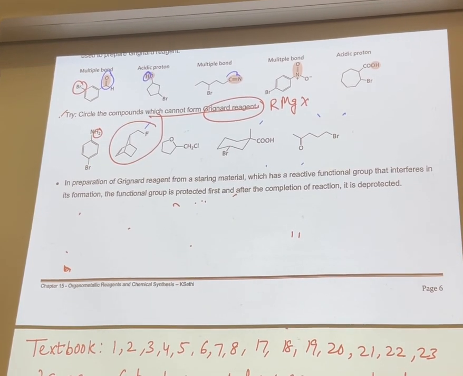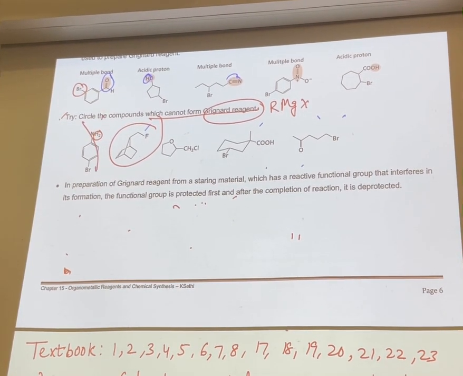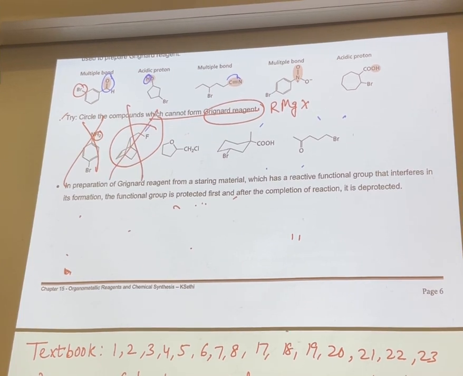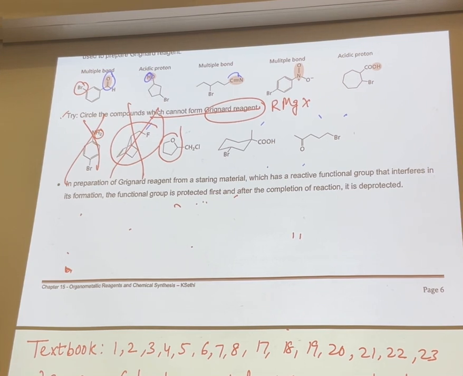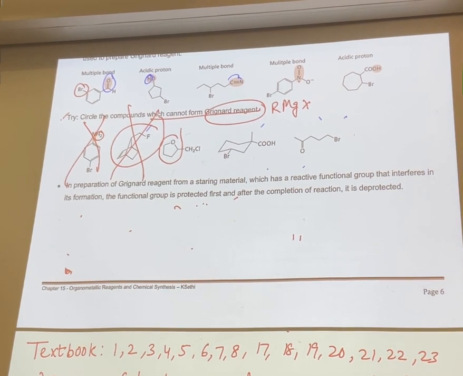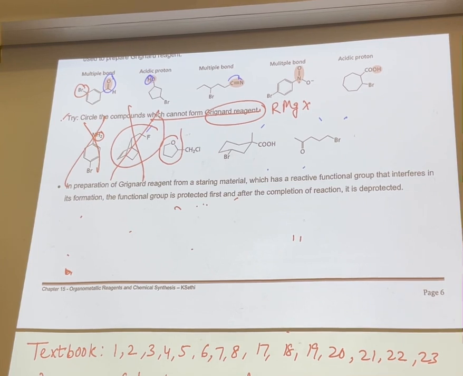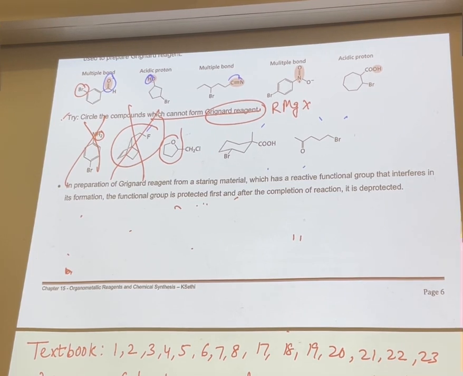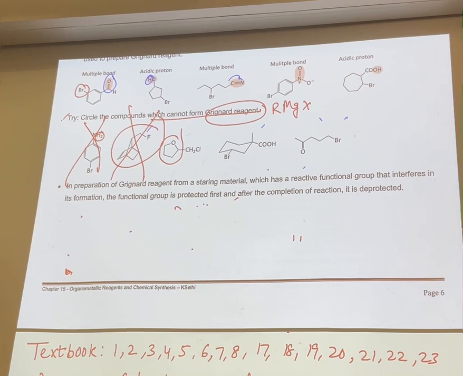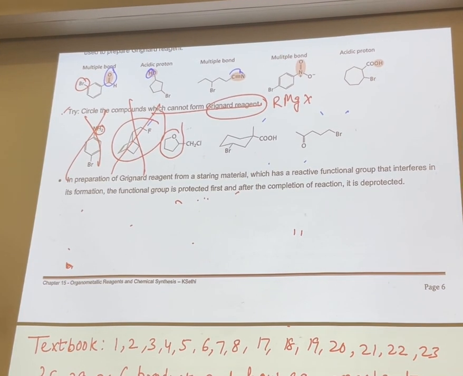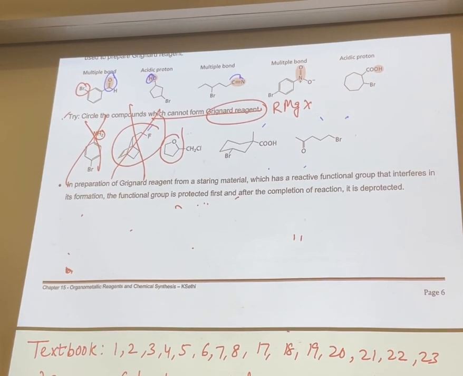Second, I just answered that fluorides never form Grignard reagents, so I cross this out too. This also cannot. Now, do you know a Grignard reagent is dissolved in ether? That means it is not reactive to ethers at all. I can easily use it. What is O? Ether, right?